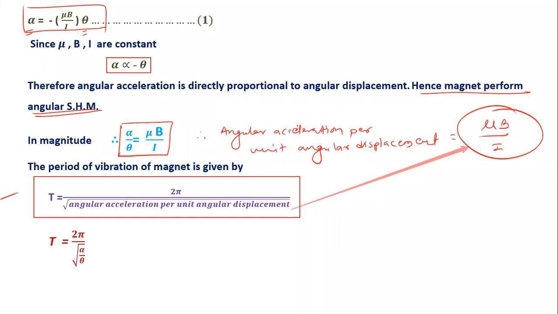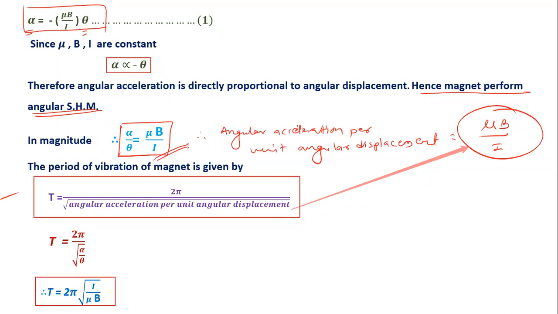Then we get T is equal to 2 pi under root alpha upon theta. Alpha upon theta means this angular acceleration per unit displacement. Let me substitute this. We get an expression for period of this magnet.